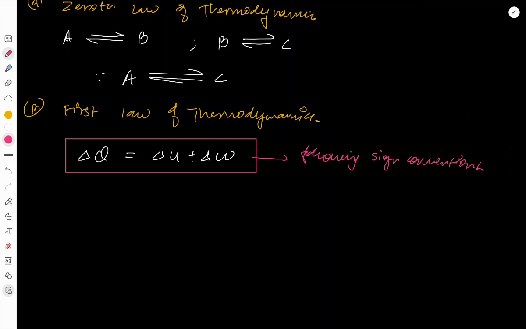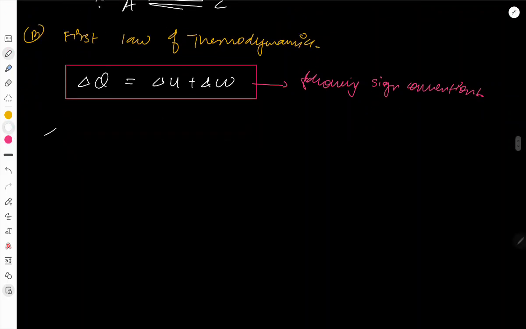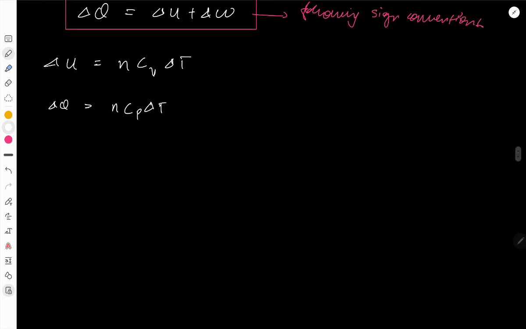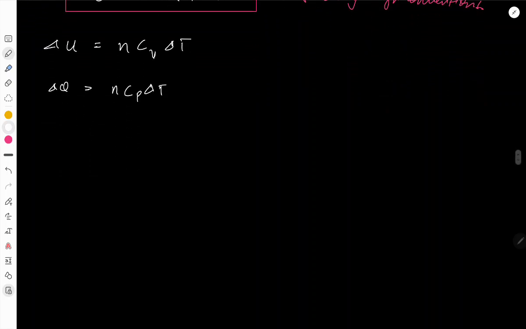And now there are certain formulas for delta U, which is nCv delta T. And now you might be wondering what is this Cv. So we'll come to that in a moment. And Q has its formula, that is nCp delta T. How are these formulas now derived?